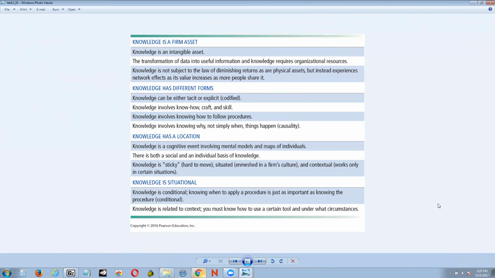The other, when you talk about it being situational, it's conditional, okay? And talking about when to apply a procedure being as important as knowing the procedure itself. One of the challenges that we face, especially in medical care, is that our ability to provide medical care has outpaced our ability to understand when and how to use it, okay?